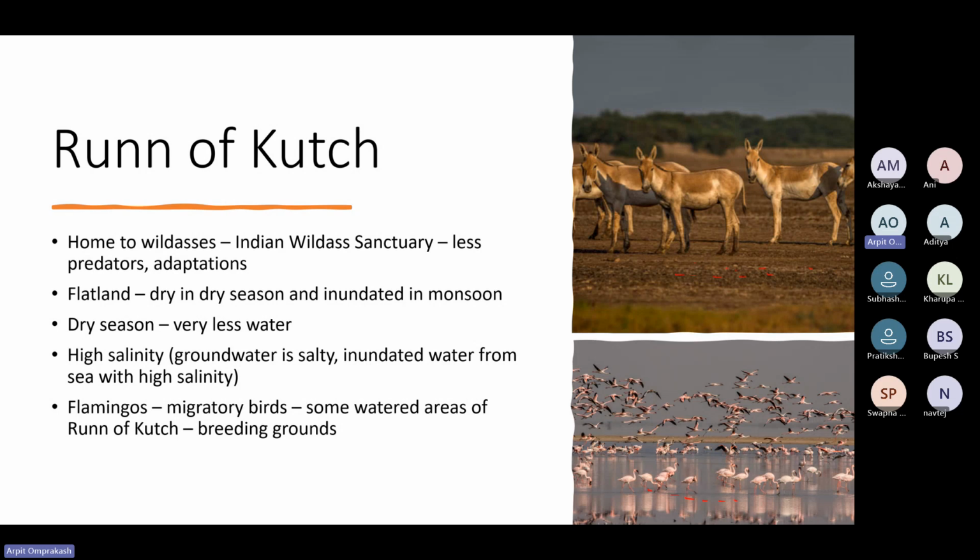During the monsoon months, when it's flooded, we also see flamingos coming here. Flamingos are migratory birds, and they come here to breed. They have a pink color because of the pink food that they eat here.